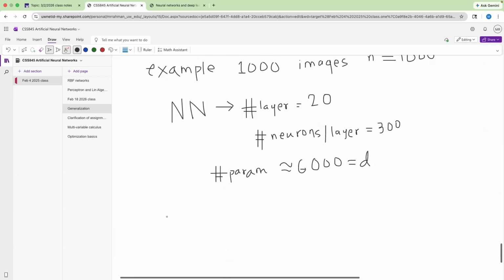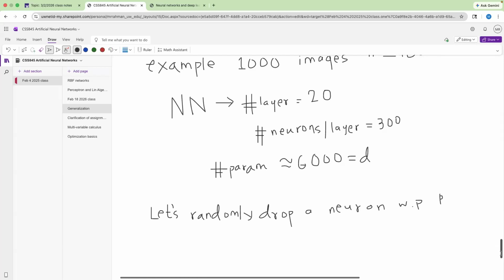And one technique of reducing complexity is, if we see that we have too many model parameters, or in this case neurons, the idea of dropout is to randomly drop a neuron with probability, let's say a value p.